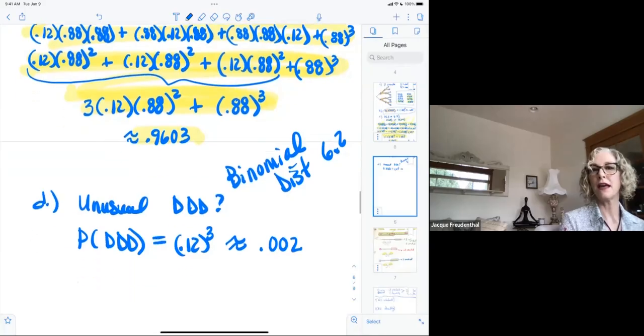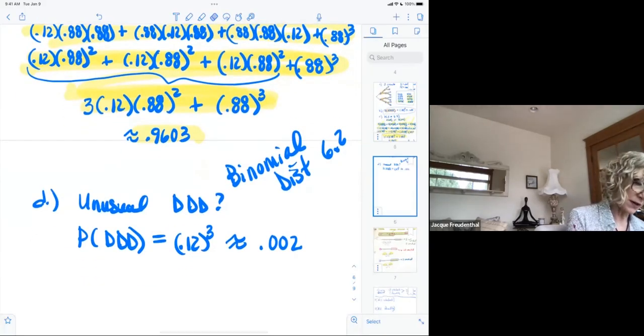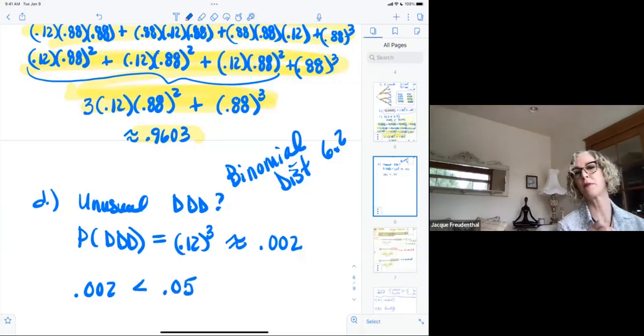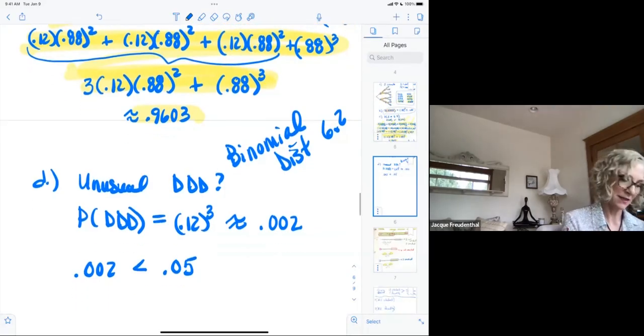0.002. And right now in our class, we are measuring unusual with 5%. So if your probability is less than 5%, we consider it an unusual event.